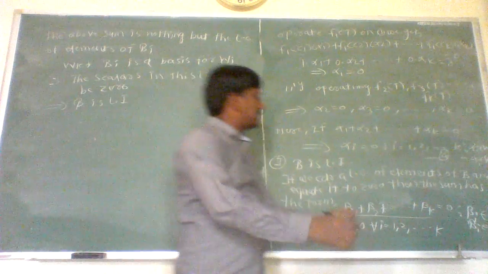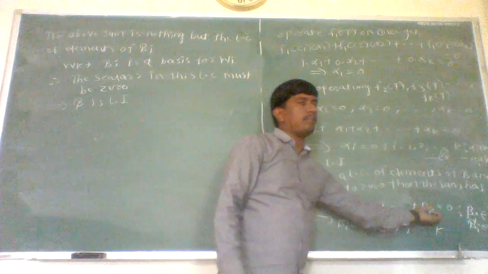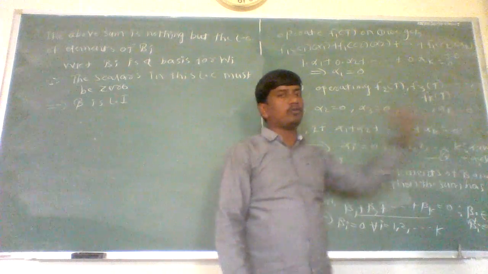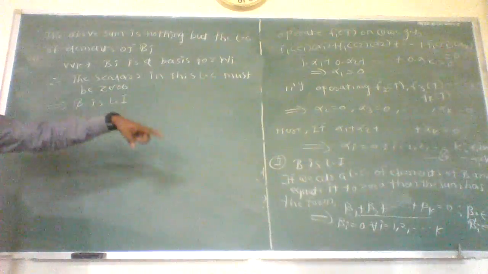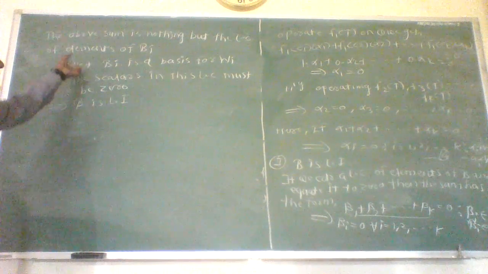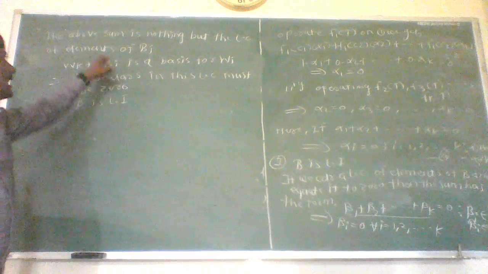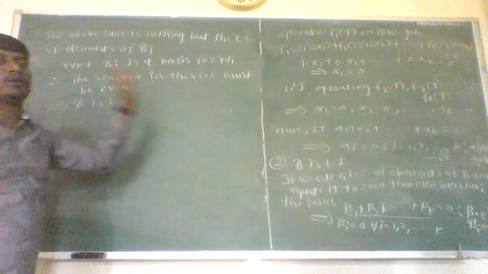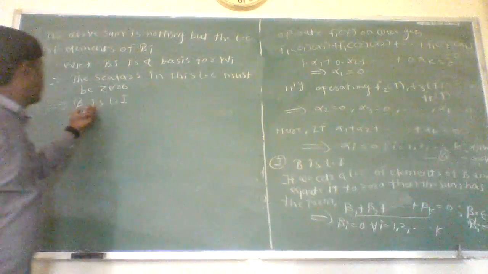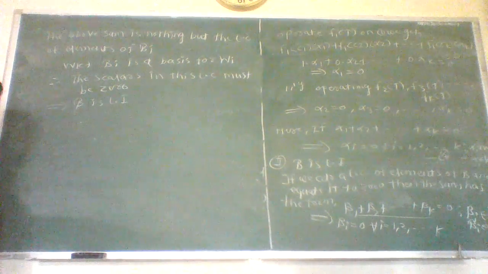It is a sum of beta 1 plus beta 2 plus up to beta k, and each beta i can be expressed as a linear combination of its basis Bi. As Bi is a basis, each scalar in this combination must be equal to 0. Therefore this set curly B is linearly independent.